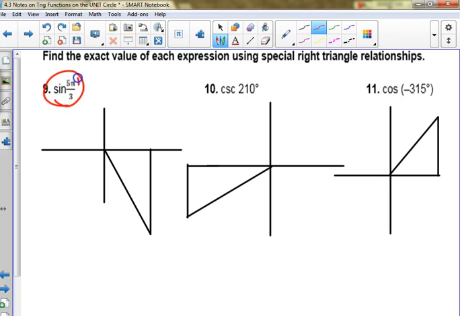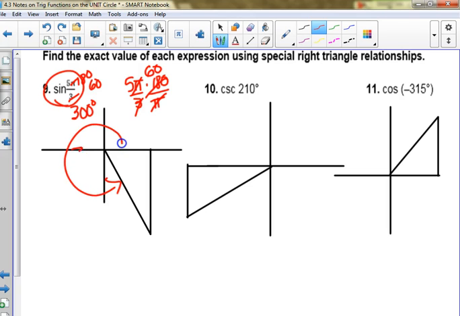If pi is 180, what's 180 divided by 3? 60. So we have 5 of those, which is 300, okay? This goes in here 6 times, that's 300. Okay, so we run around 300 degrees.